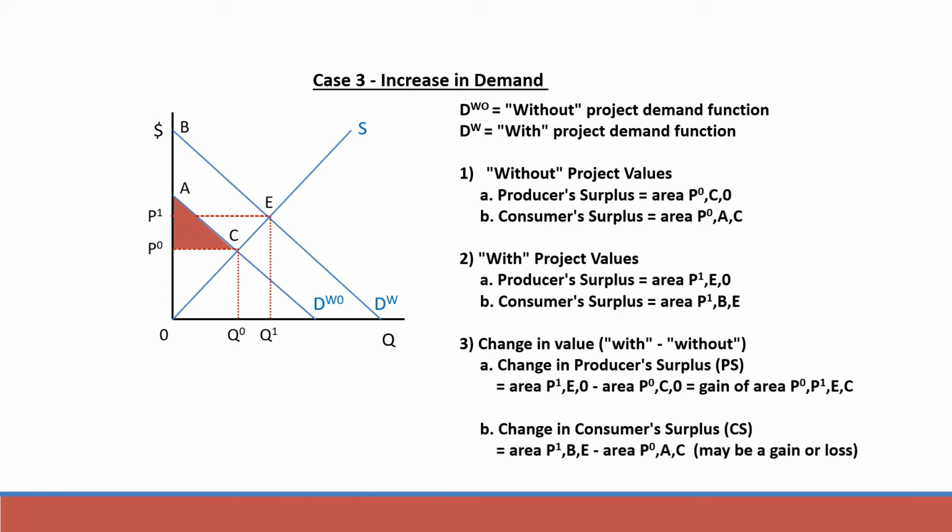Without the new policy, this area is the consumer surplus and this is the producer surplus. When the new policy happens, here is our consumer surplus and here is the producer surplus. The change in consumer surplus is the area of P1BE minus the area of P0AC, which might be a gain or loss.